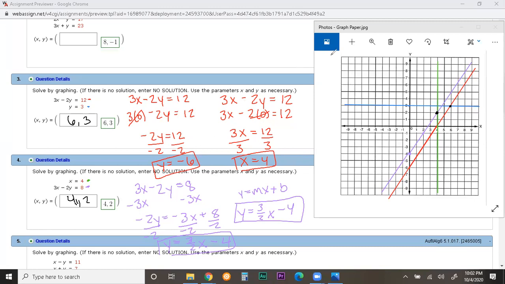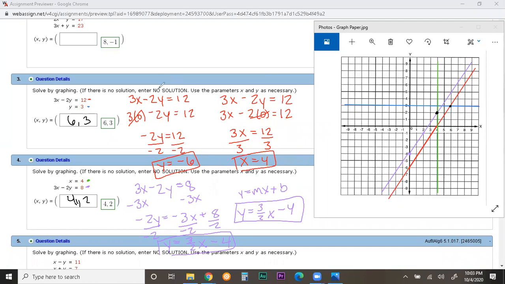So this is the gist of solving by graphing, okay? Of course, remember, if we were given the equations in the same problem, the purple line and the red line, because they are parallel, they would be no solution because they would never intersect.